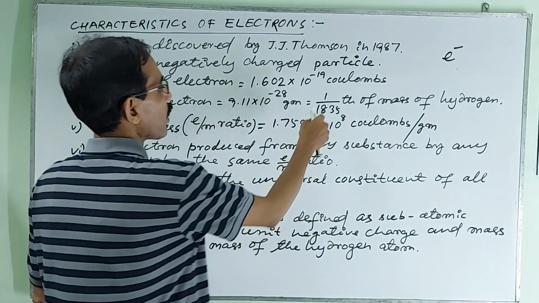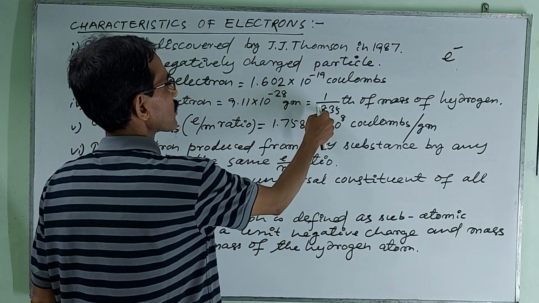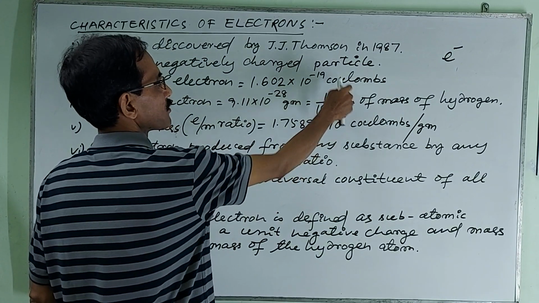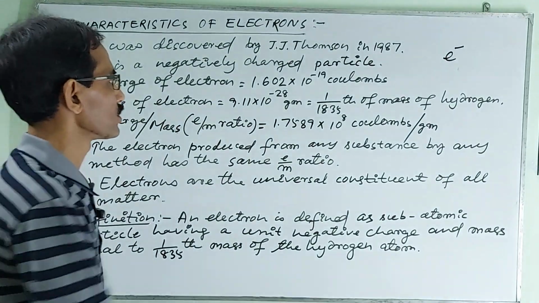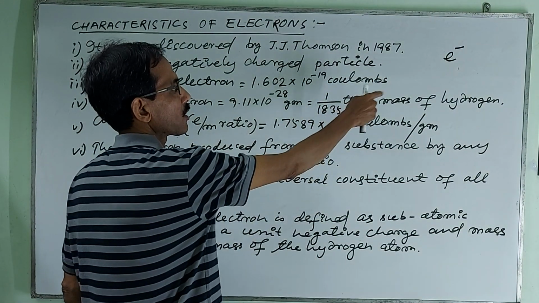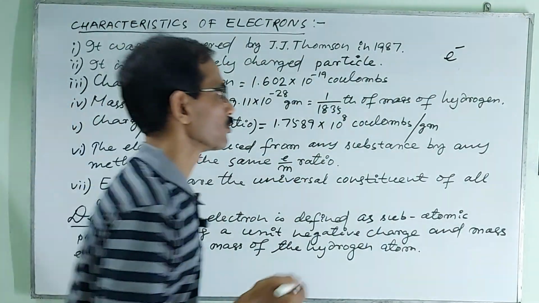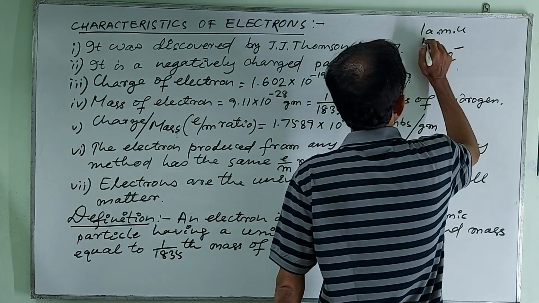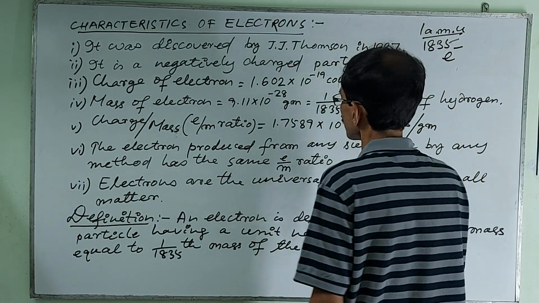It is 1 by 1835 of the mass of hydrogen, because the mass of a hydrogen atom is equal to 1 AMU. 1 AMU divided by 1835, you do.